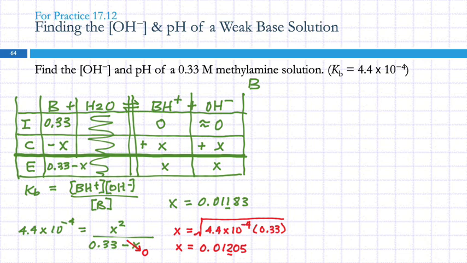So, what does x represent? It's the concentration of hydroxide ion. So, using the solver, my answer is going to come out that hydroxide ion concentration, rounded, is 0.012 molar, and using x is small, hydroxide ion concentration is 0.012 molar.